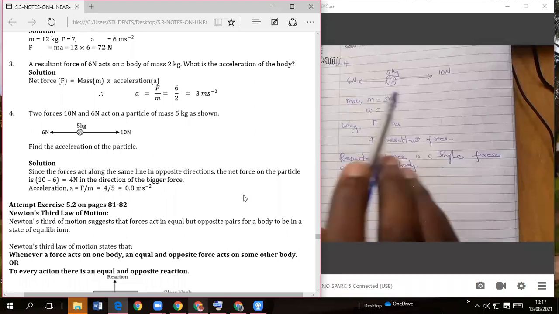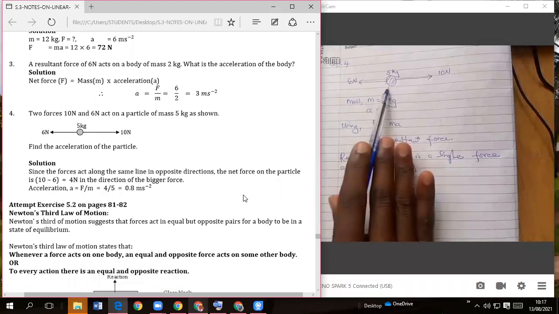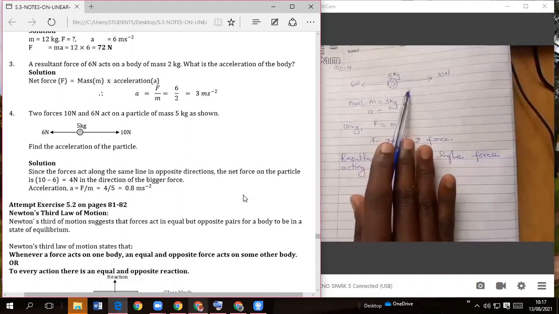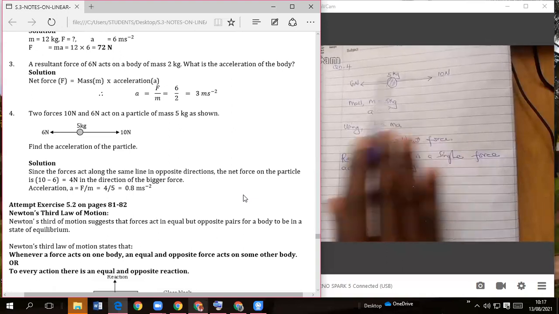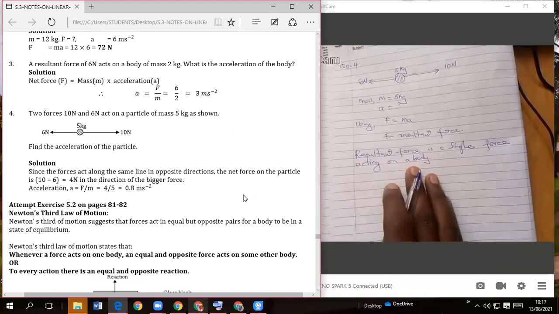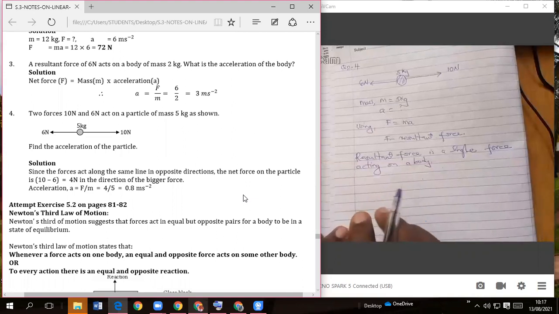Okay. Now, when you look at this one, the two forces are acting in opposite directions. We have 10 Newton and then we have 6 Newton. So what would be the resultant force? If they're acting in opposite directions, we get the difference, right?